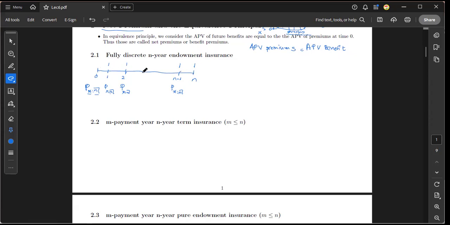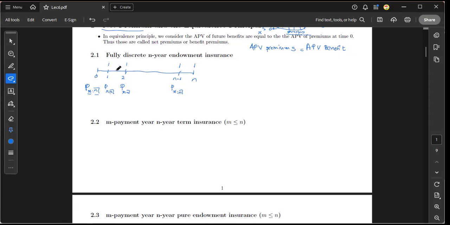So there doesn't exist a person after this point. So that's why the benefit is directly denoted by 1, but the present values of these P's should be equal to the present value of this 1.